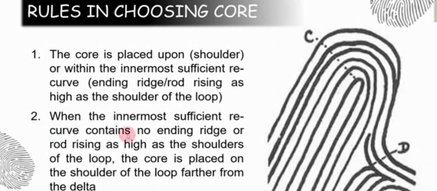In rule number 2, when the innermost sufficient recurve contains no ending ridge or rod rising as high as the shoulder of the loop, the core is placed on the shoulder of the loop farther from the delta.